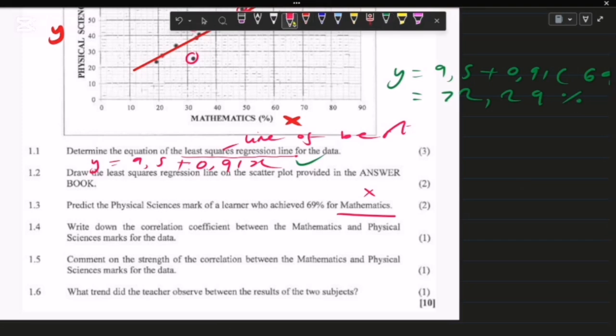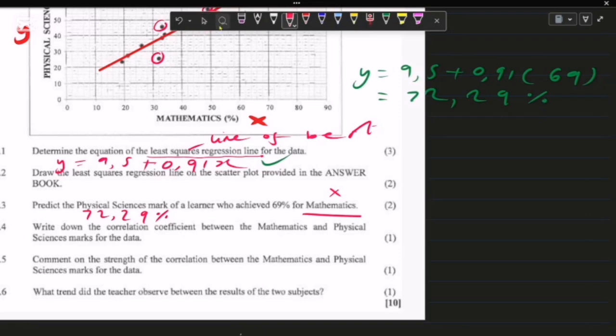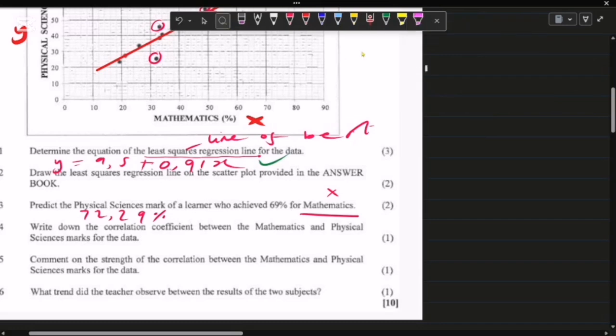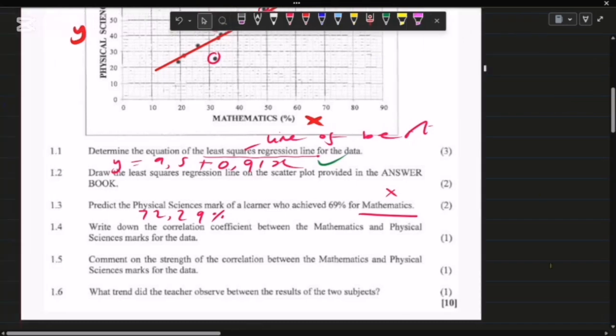Okay, so the answer is 72.29%. Okay, let's get rid of this. And then we can do 1.4.